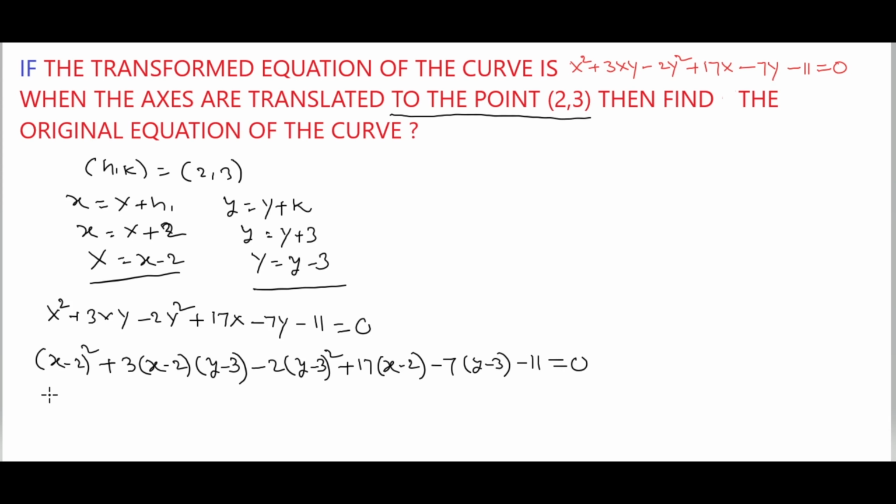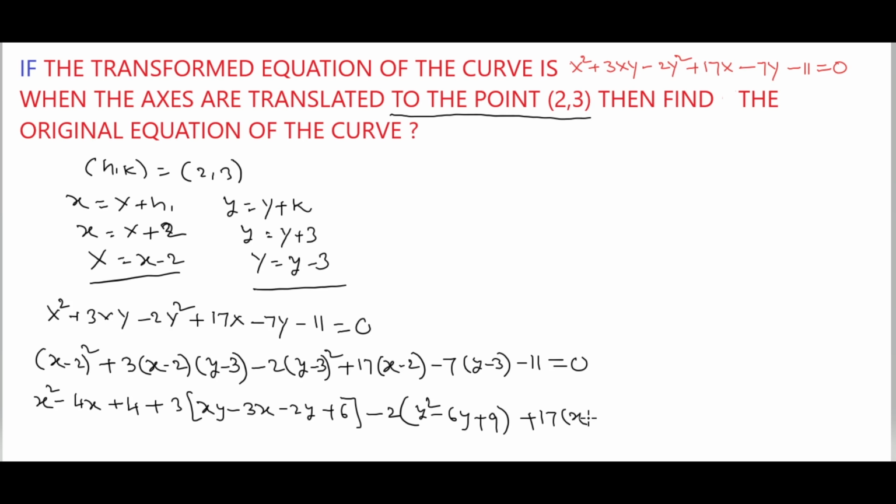Using (a minus b) whole square, that is x square minus 4x plus 4, plus 3 into multiplying these two, that is xy minus 3x minus 2y plus 6, minus 2 into (y minus 3) whole square, that is y square minus 6y plus 9, plus 17 into (x minus 2) minus 7 into (y minus 3) minus 11 is equal to 0.